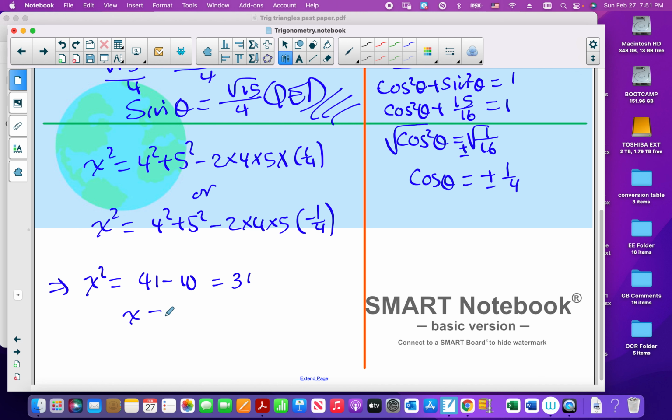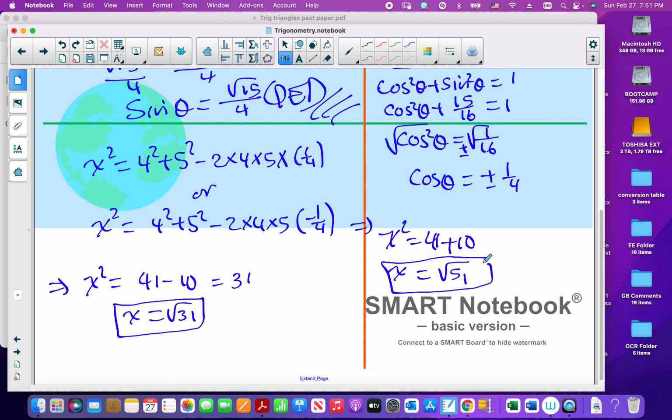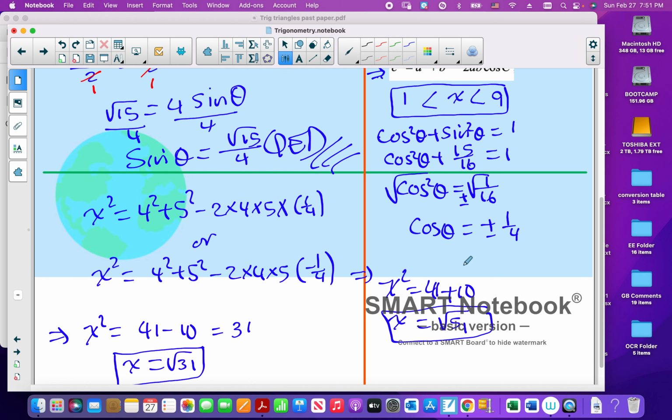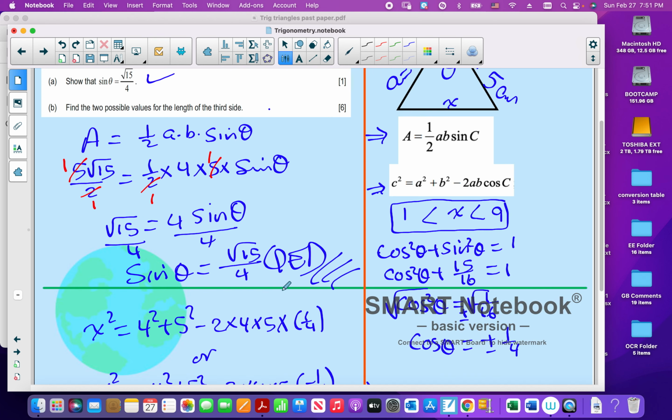So x is equal to square root of 31. That is one possible length. Is square root of 31 between 1 and 9? Yes, it is. The second equation, x squared is equal to 41 plus 10, which is equal to 51, so x is square root of 51. This is the other value of the third side, either root 31 or root 51.